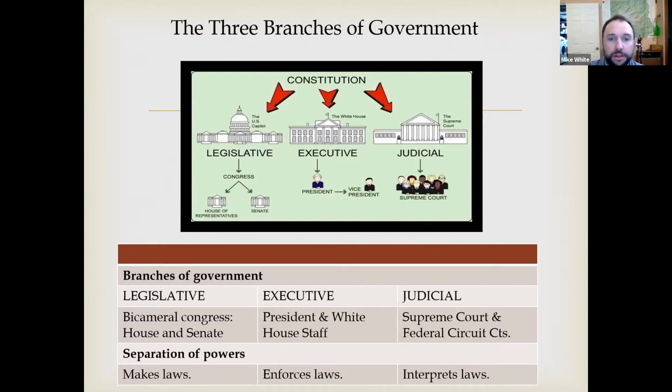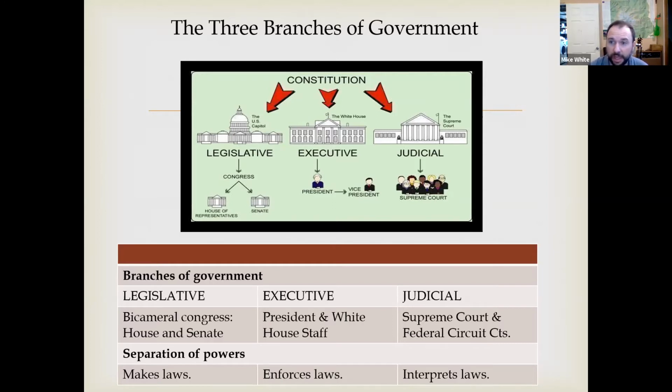So the U.S. government is broken up into three separate branches with three distinct roles. The first is, and I'll just go from left to right here, the legislative branch. The legislative branch is the branch of the government that makes laws, creates laws, comes up with ideas for laws, and then ultimately votes on approval for those laws.